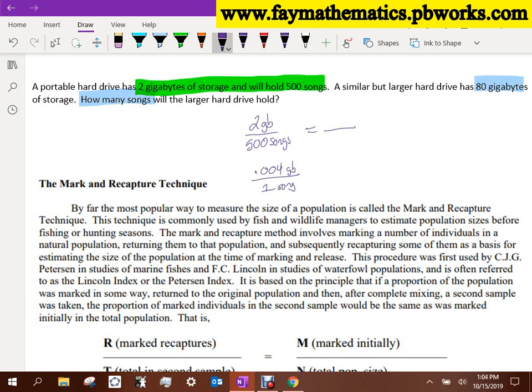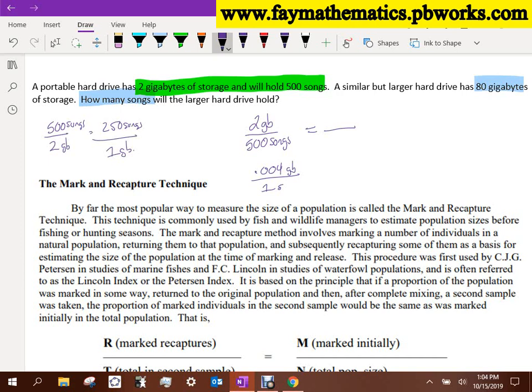So this here has built into it, if I were to reduce it, a conversion factor that allows me to take gigabytes per 1 song. Okay? Or, and this might make more sense, I can go 500 songs divided by 2 gigabytes, and that means then for every 250 songs, it's 1 gigabyte, right?